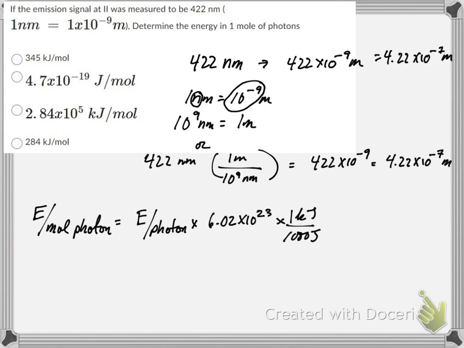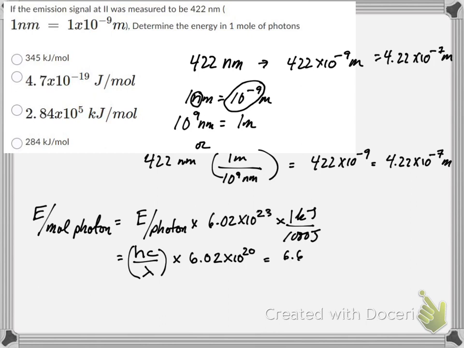And so then when we do that, we can simplify this to just change Avogadro's number to 6 times 10 to the 20. And that takes care of the 1,000 joules in the denominator and will help us avoid any mistakes of either multiplying by 1,000 or something strange happening.